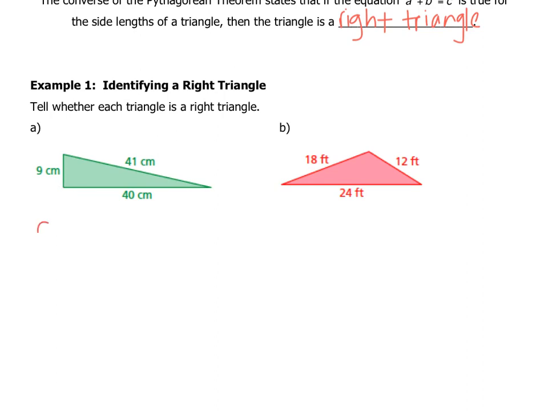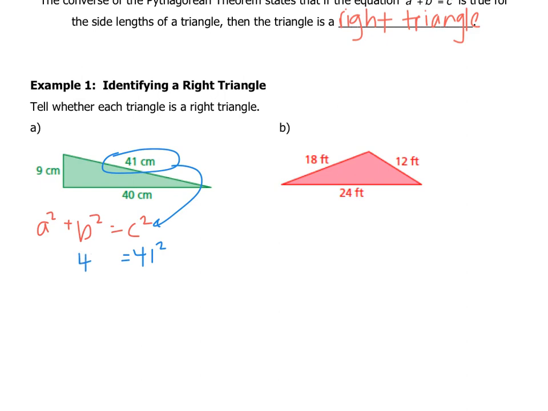So the first step is that we write our formula. And I told you that the only side that really matters where it goes is the hypotenuse, and that's the side that's across from the right angle. But if there is no right angle, I taught you another thing to know about the hypotenuse, and that's that it's the longest side. So this 41 has to go in the C spot because it's the longest side.